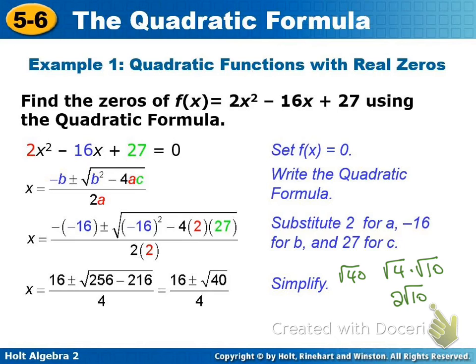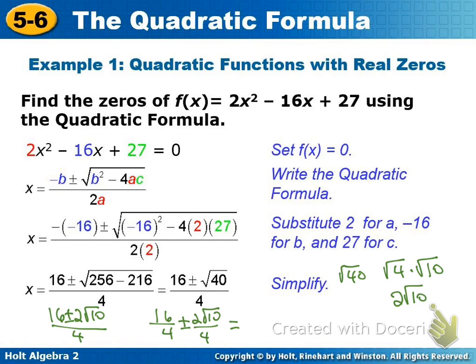So now we have 16 plus or minus 2 square root of 10 over our 4. Now, do you see some reducing that can be done? Yeah, I do. All right, so when you reduce your fractions, a good idea is to split them up. So you would do your 16 over 4 plus or minus your 2 square root of 10 over your 4.